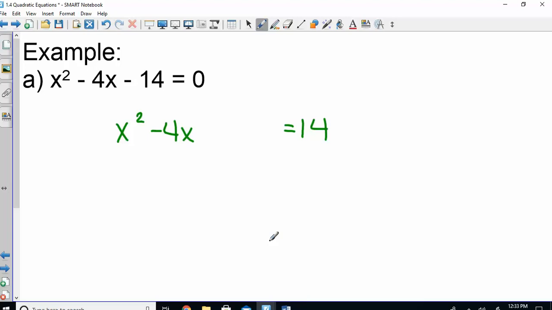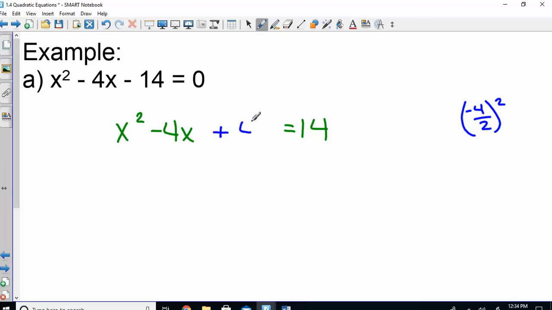So we are going to make a perfect square for ourselves. To do that, I take this middle term, that negative 4. I will divide it by 2 and square it. Negative 4 divided by 2 is negative 2. And negative 2 squared is positive 4.